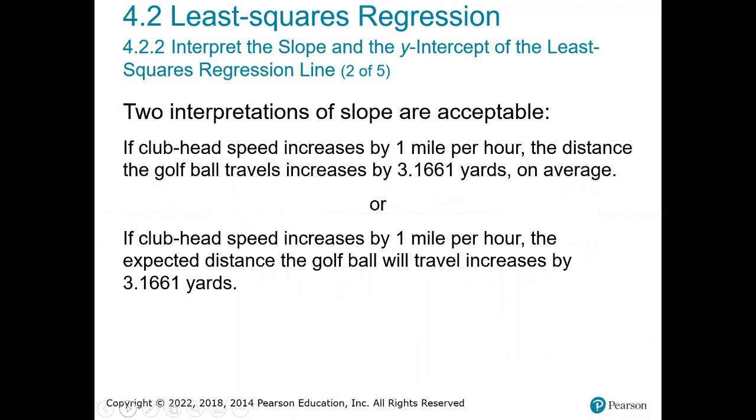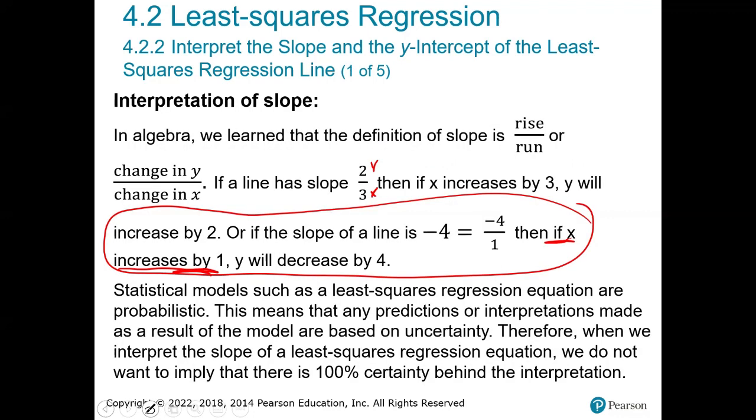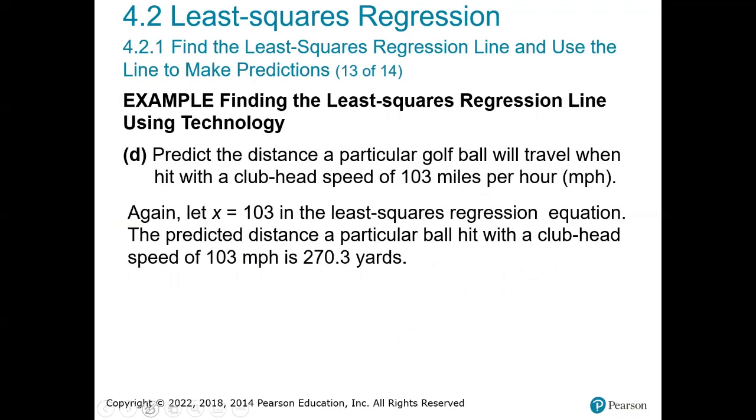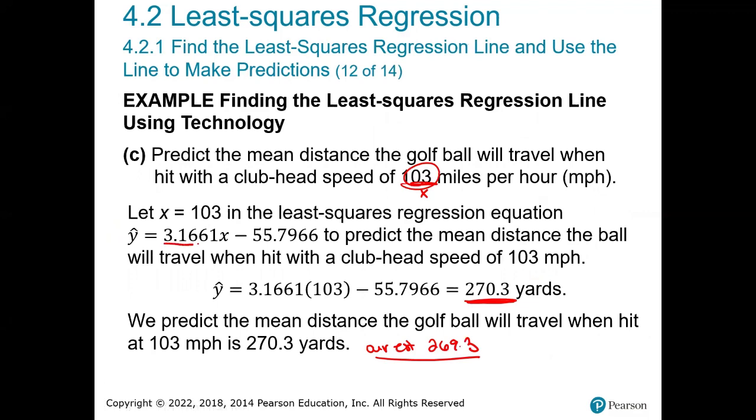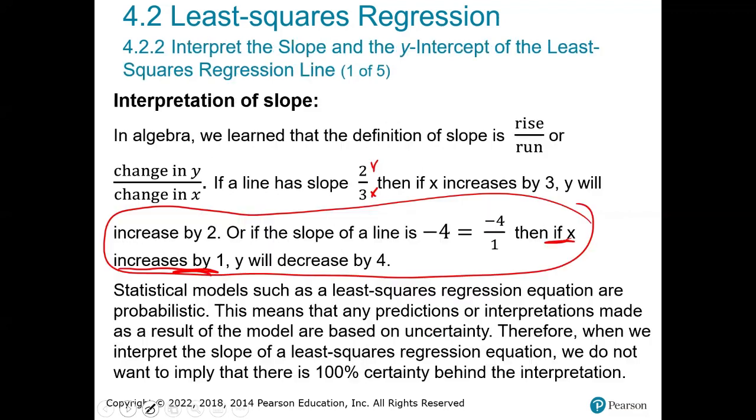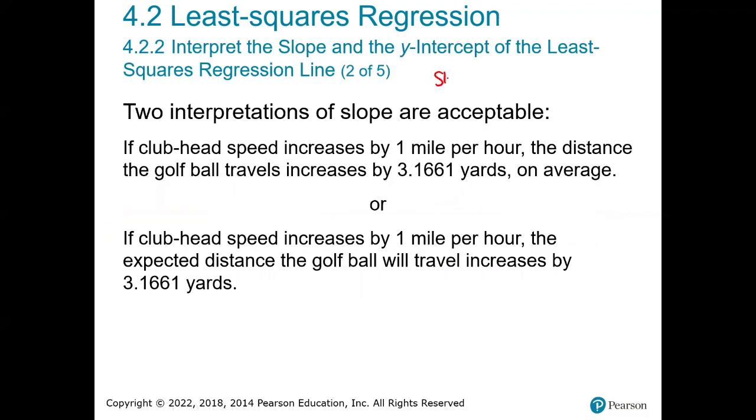How do we do this? Going back and looking at the equation for the club, here's the slope, 3.1661. Here's how they do it.